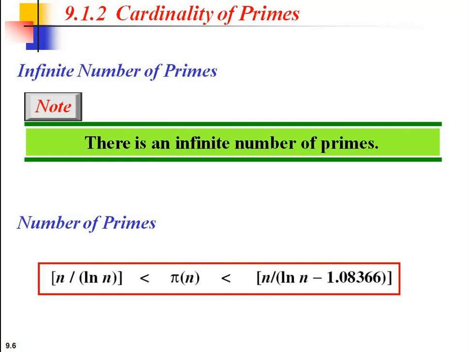By this inequality we can define the number of primes for a number n. Pi of n denotes the number of prime numbers. The lower limit was discovered by Gauss and the upper limit was discovered by Lagrange.